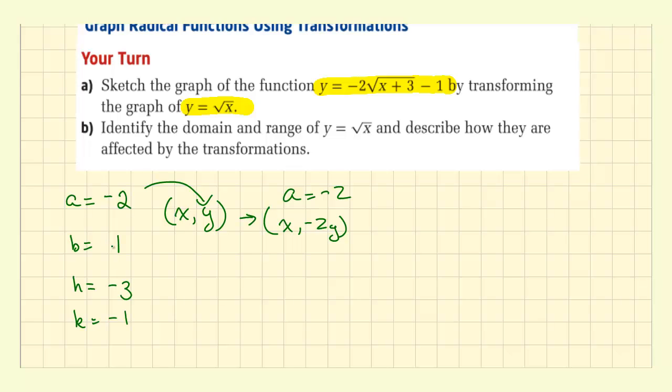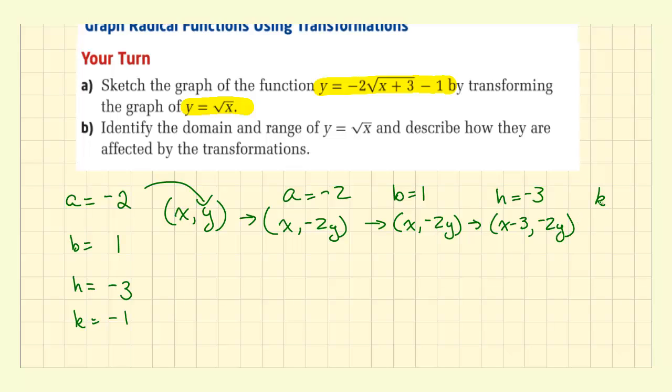The b value of 1 doesn't change anything. For our b value of 1, that would be a horizontal expansion or compression, and since there is none, our x value stays the same, and there's no effect on the y value. The h value of negative 3 means that it's a horizontal translation to the left 3, and that's going to affect the x-coordinate, so we're going to have x minus 3, no change to the y-coordinate, so negative 2y.